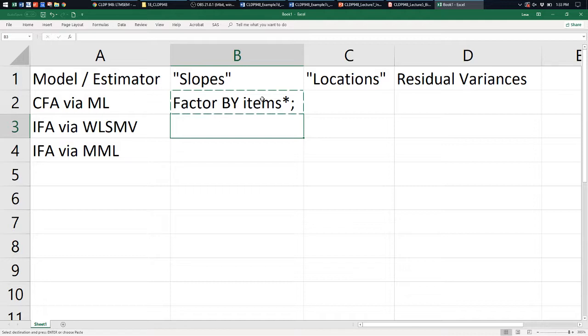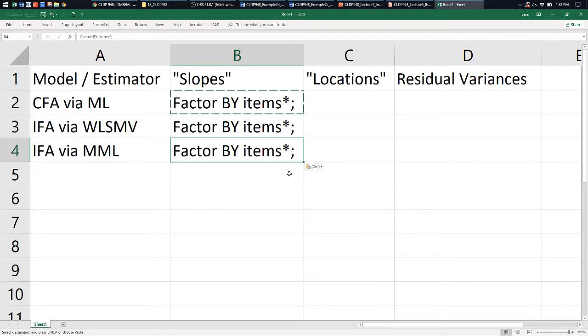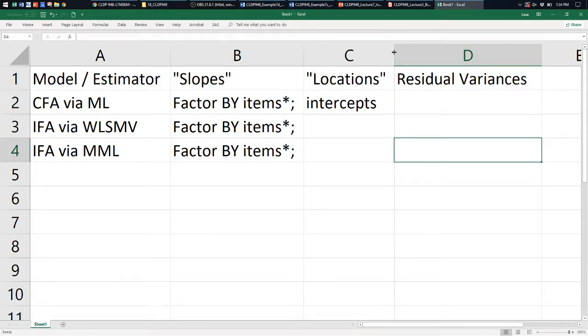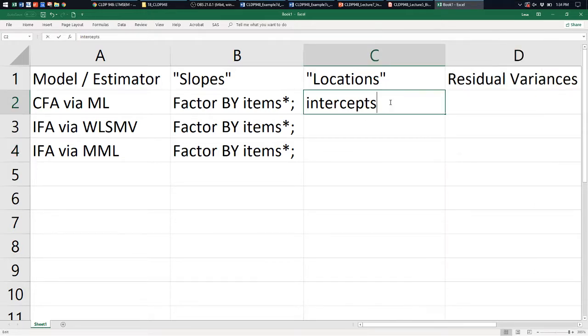So when we have the type of IFA models that we are most frequently talking about, graded response type models or partial credit type models where you have one slope per item, it'll look like that. The exception is a nominal response, in which case there's as many slopes as there are thresholds. Locations, these are intercepts. And so there, it's bracket, item, like that.